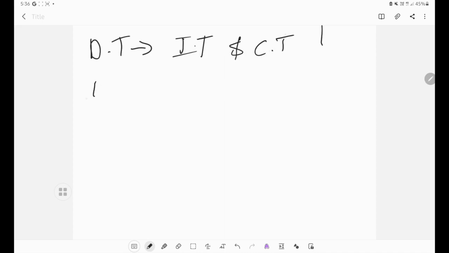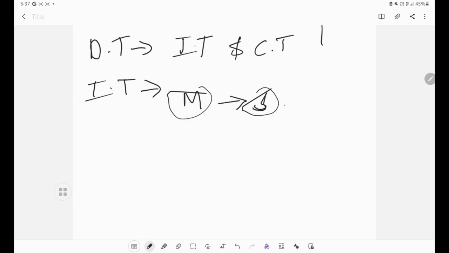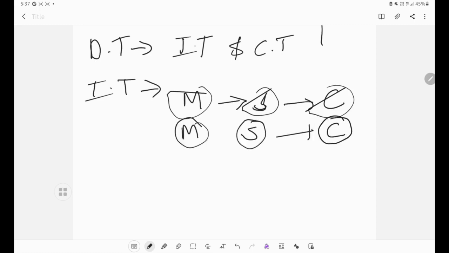And indirect tax is generally imposed on manufacturers, then they pass it on to the suppliers, and they in turn pass it on to the consumers. So indirect tax can be passed on down the hierarchy.